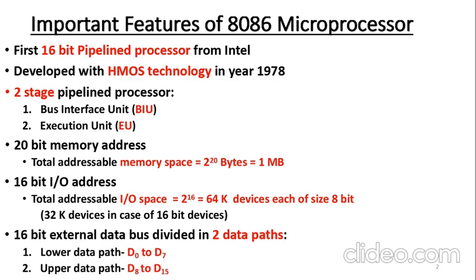Next is 16-bit external data bus, and this data bus is divided into two data paths. Lower data path D0 to D7 and upper data path D8 to D15. Now you can understand here that both the data paths are 8 bits in size.